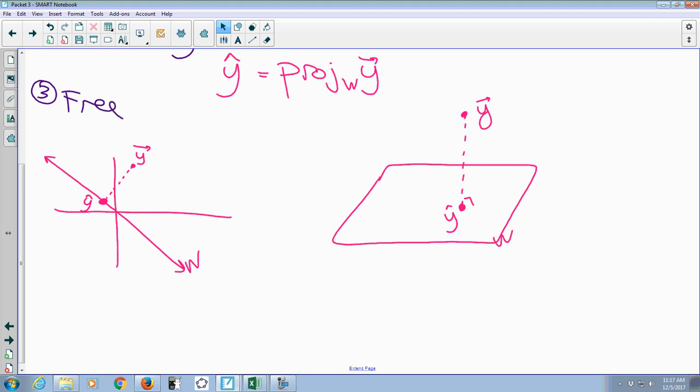So instead of our subspace W being just a line, now it's going to be two-dimensional or more, right? I'm going to project y onto a plane W, meaning find the closest point in W to the point y. Drop a perpendicular from y into the plane W, and we'll find y hat and z. Y hat being a vector that lives in W, z being a vector orthogonal to W. For a line, y hat was in W, meaning it was on the line, and z was the orthogonal component of y.